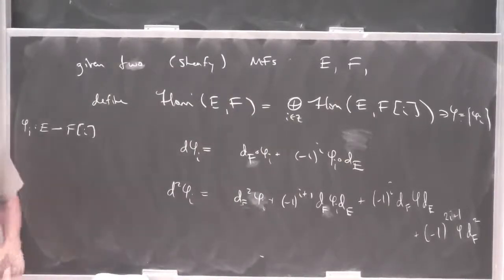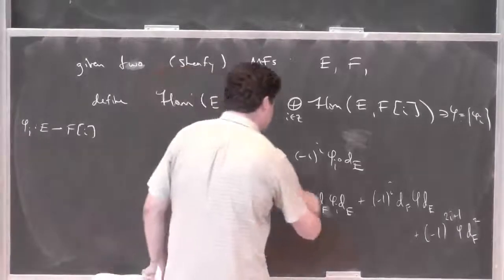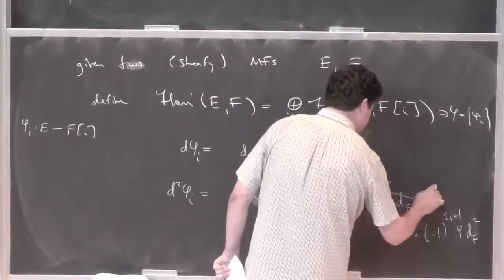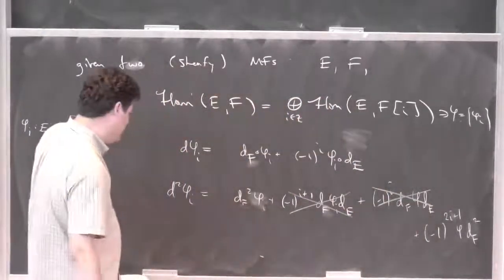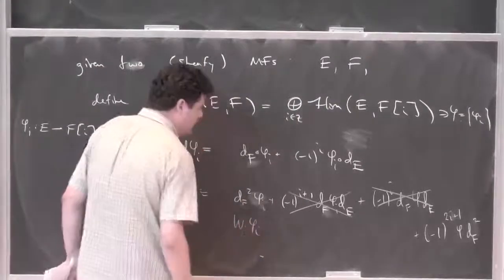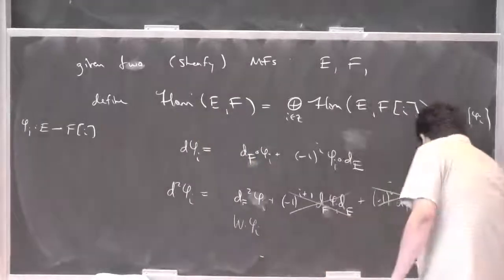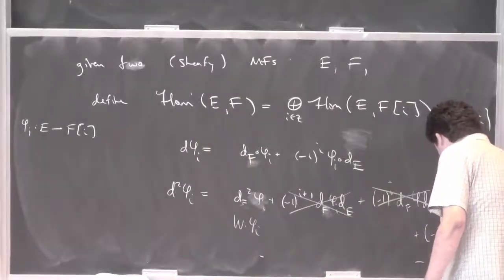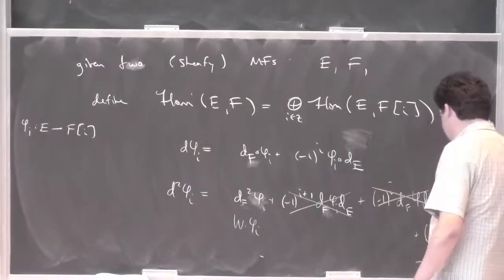So these two cancel in the middle. But this is W times phi i, and this is minus W times phi i.